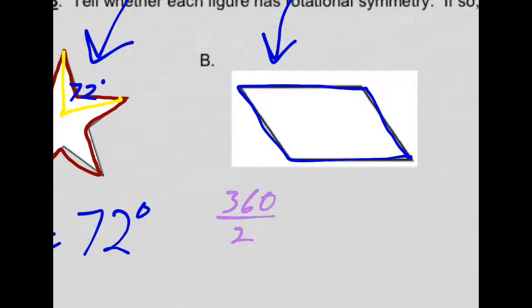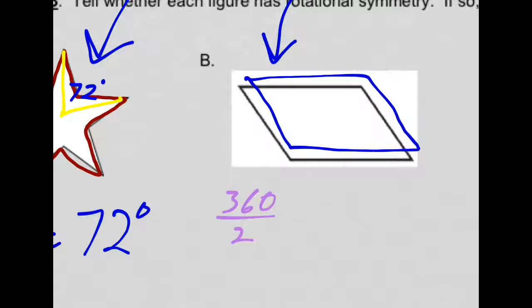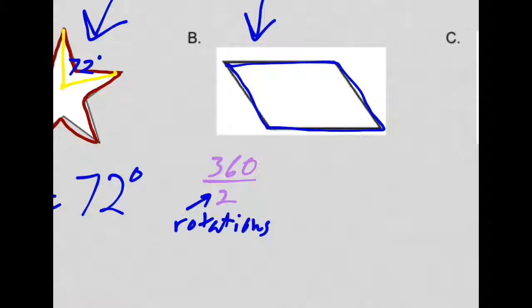So it's just 1 rotation and 2 rotations. So with this, if it doesn't look like the number of spikes works, use the number of rotations. We had 2 rotations, so we divided 360 by 2. That was 180 degrees. Nicely done, Will.